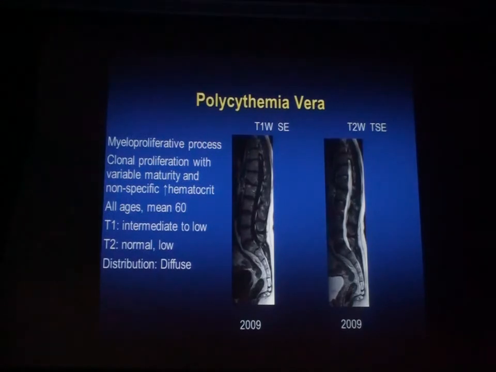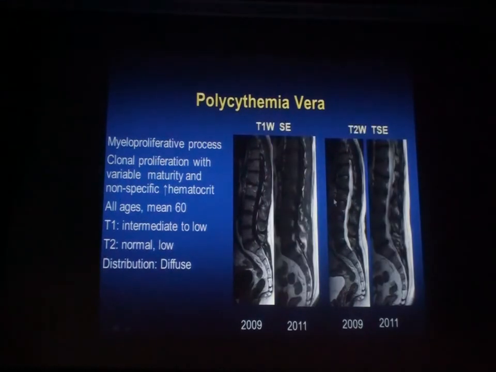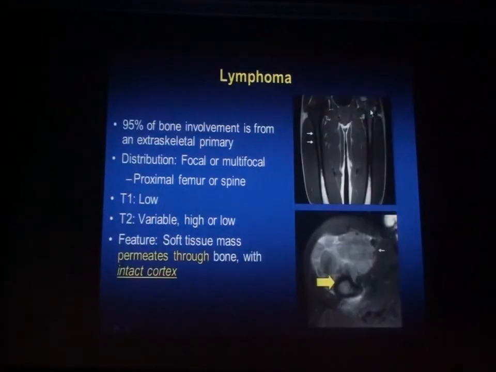Here we see the patient early on in the course of their disease in 2009, and here they are much later in their disease, only 2 years later, but you can see how the marrow has been replaced by this process and how the person has converted from having marrow signal that is hyperintense, brighter than the disc, to marrow signal that's lower signal than the disc on T1 weighted images, not very bright on T2, and so that's kind of a characteristic pattern.